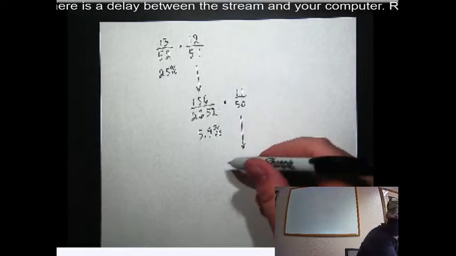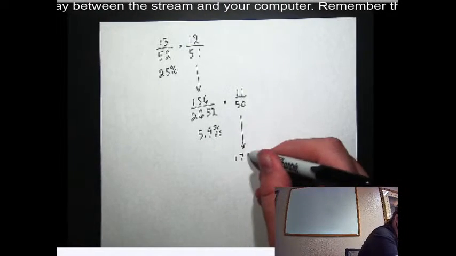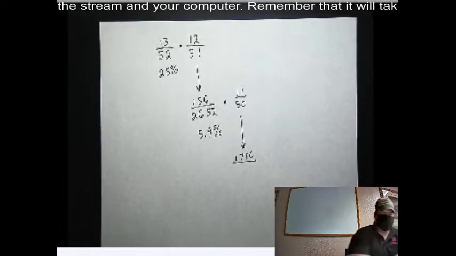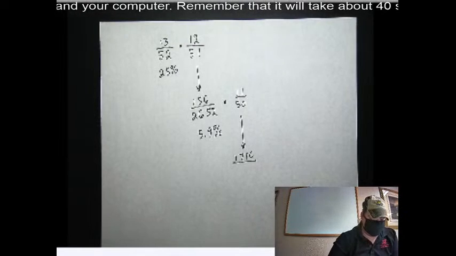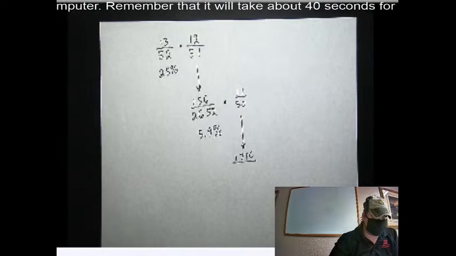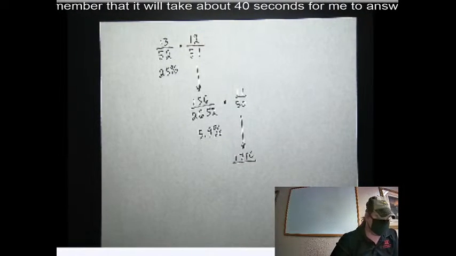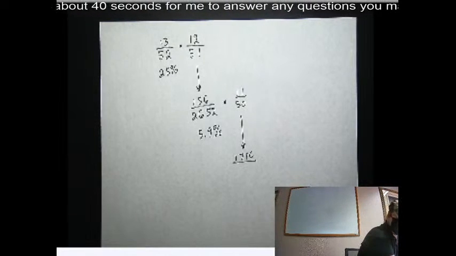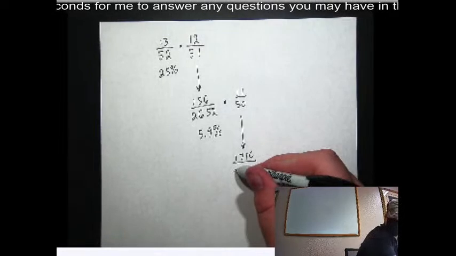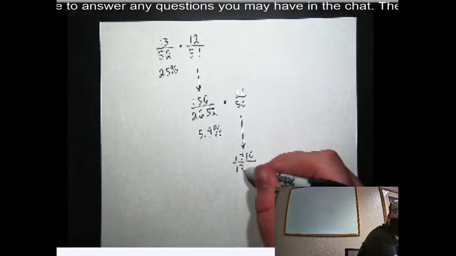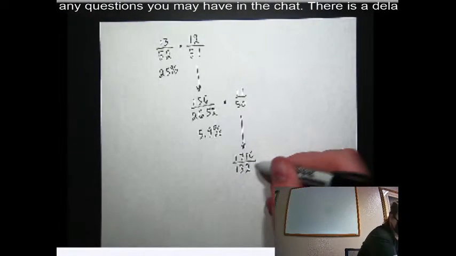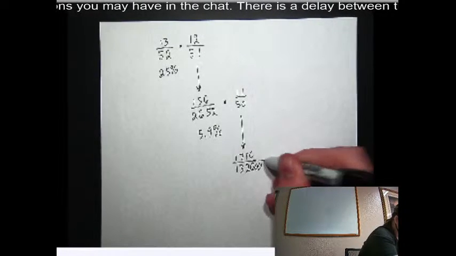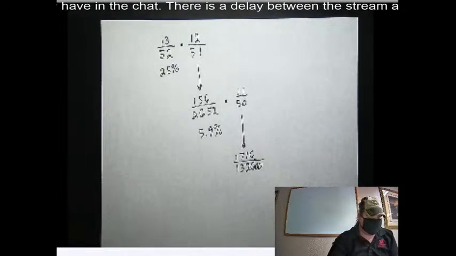is 1,716. And then 50 times 2,652 is 132,600. What's that as a percent?